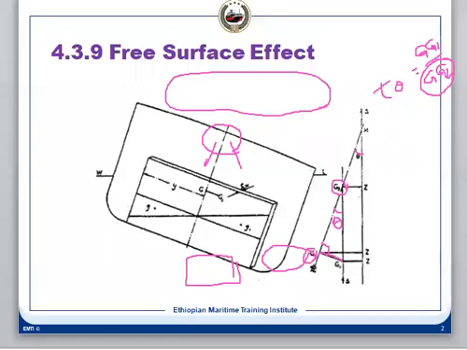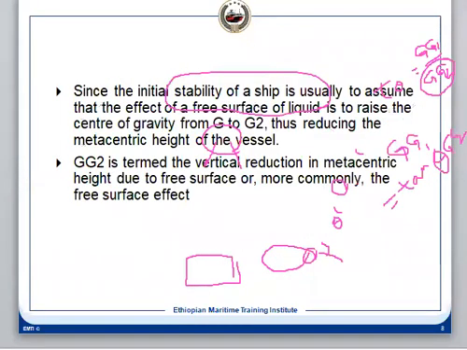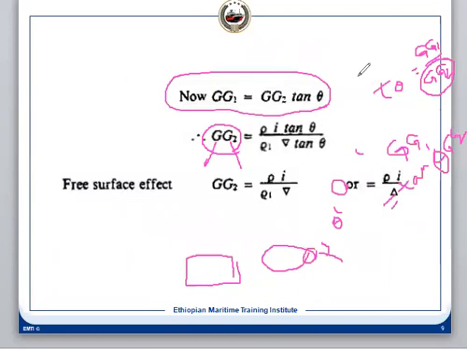So can we write from here G1 is equal to tan theta G2? This we can write, isn't it? Once we write this, that formula is exactly the same as what I have written here. So G1 is equal to G2 tan theta.